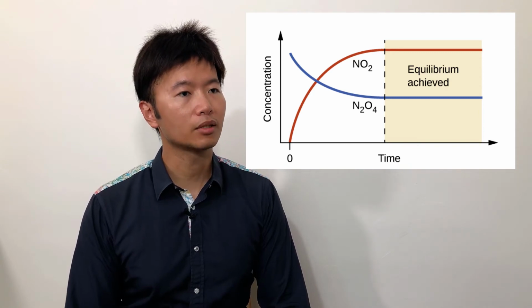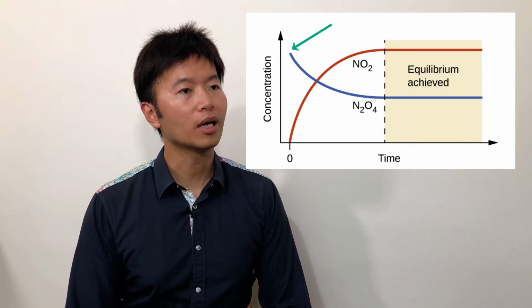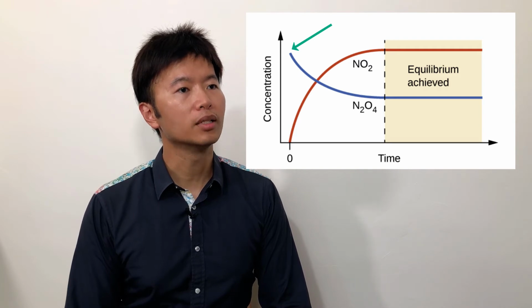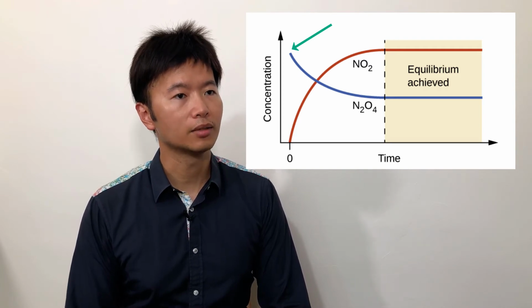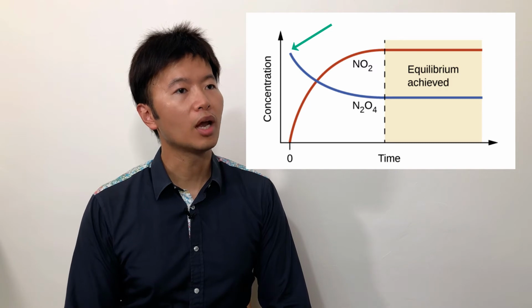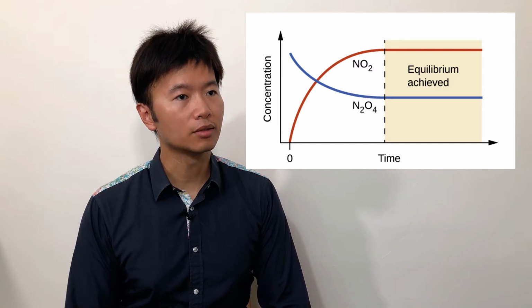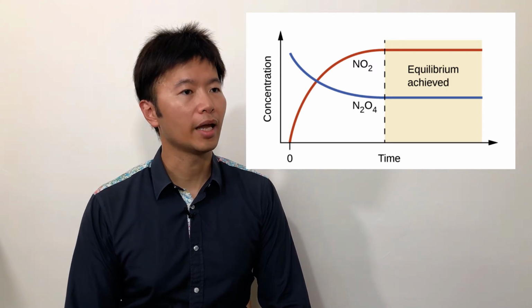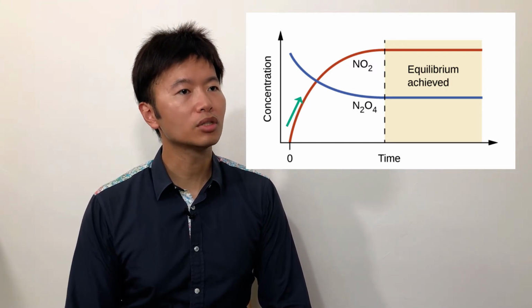In this particular reaction, we are starting off with only dinitrogen tetroxide, and we know as the reaction proceeds, dinitrogen tetroxide decomposes and yields nitrogen dioxide.